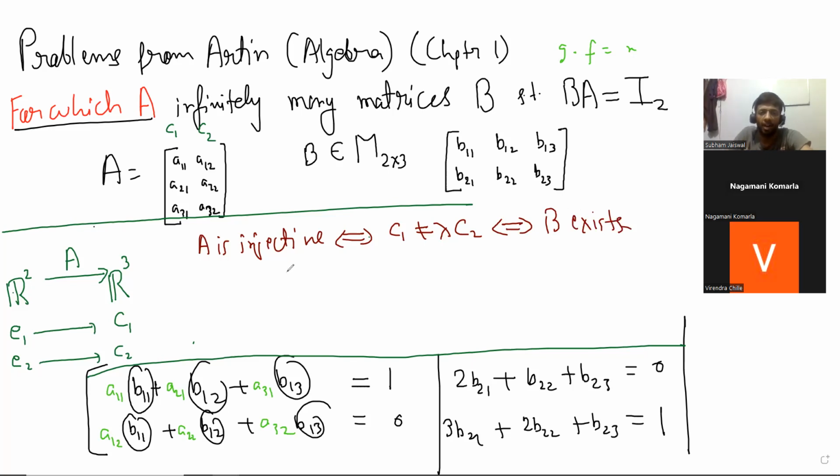And now A is this function, so B exists is basically saying that A of B is the identity, or A of B of X. Let me write it like that, because that's the notation we have been using.